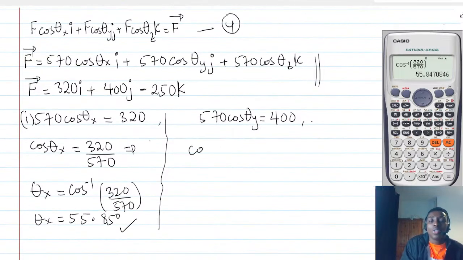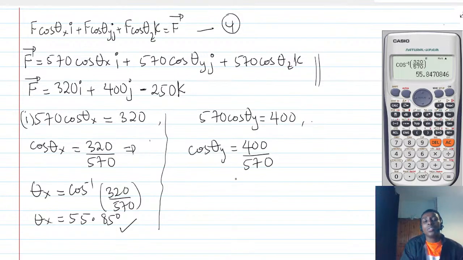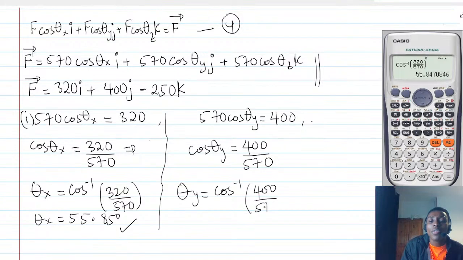Okay. So cos theta y is 400 divided by 570, right? So I can say that theta y is cosine inverse of 400 over 570.